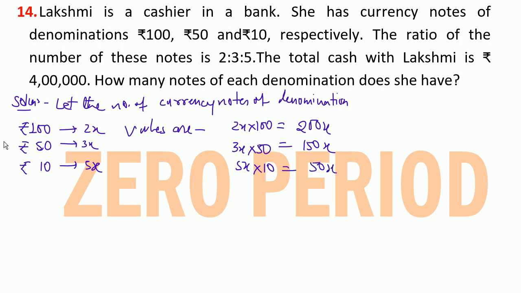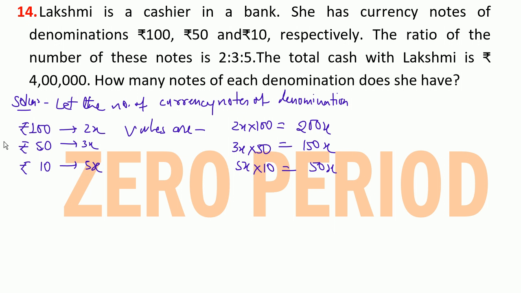I think this statement is clear to you. The statement said Lakshmi has three types of notes: 100 rupees note, 50 rupees note, and 10 rupees note. The ratio of the notes are 2, 3, and 5. So if we take 2x, 3x, and 5x, their value will be 2x into 100, 3x into 50, and 5x into 10.